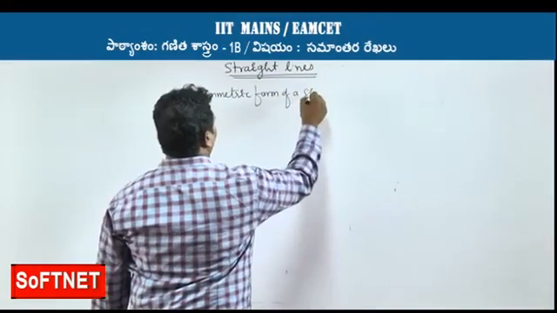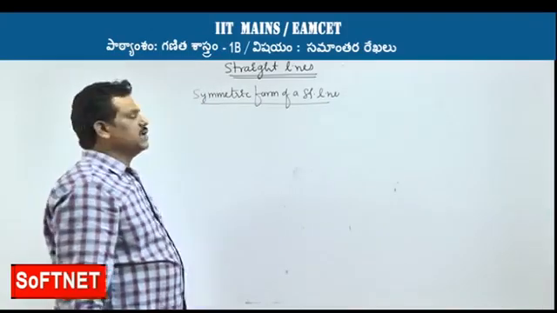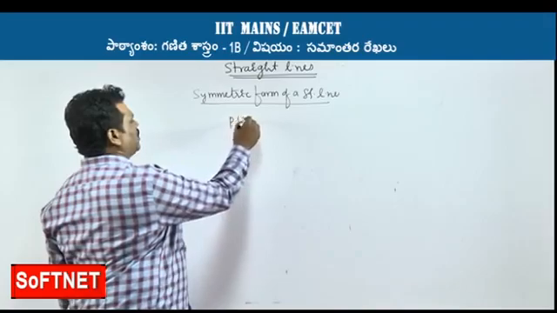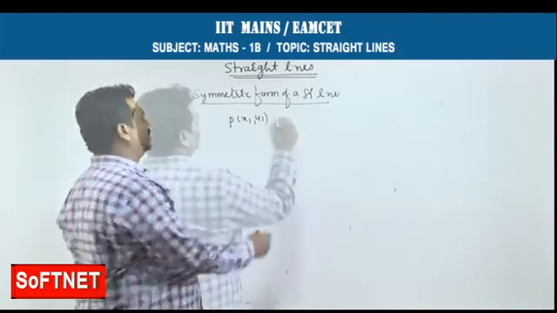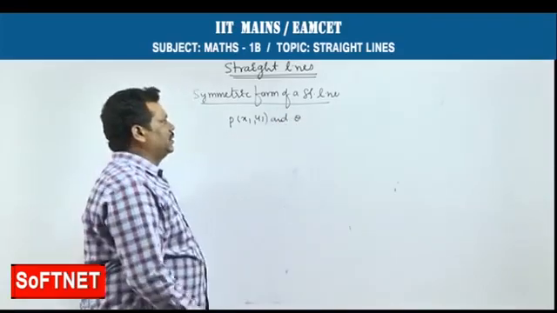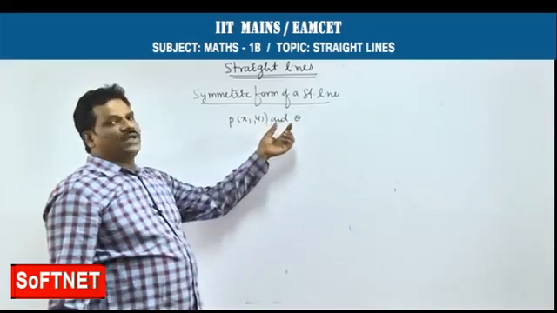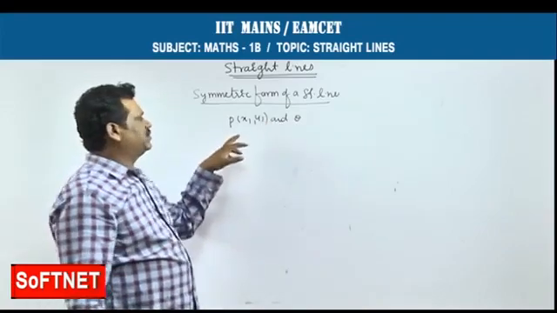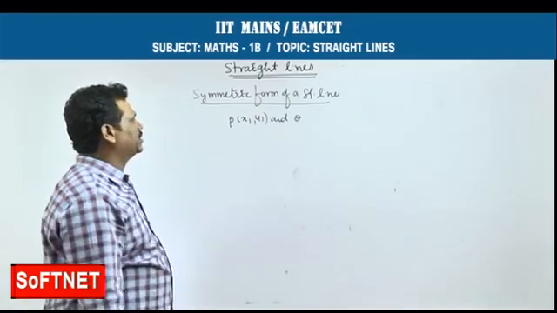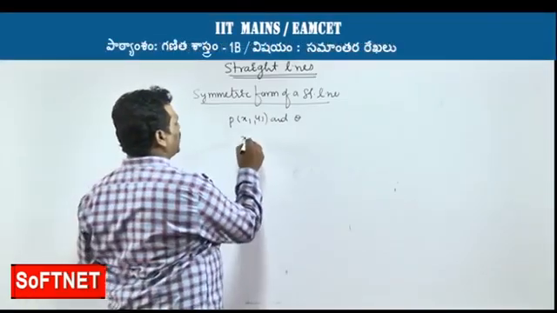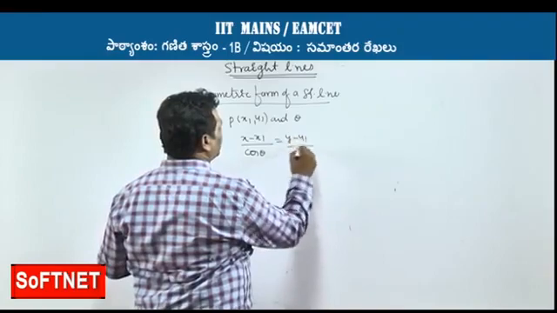The next definition is the symmetric form of a straight line. The equation of the straight line passing through P of x1 comma y1, where theta is the angle made by the line with the positive direction of the x-axis, is x minus x1 by cos theta equal to y minus y1 by sin theta.